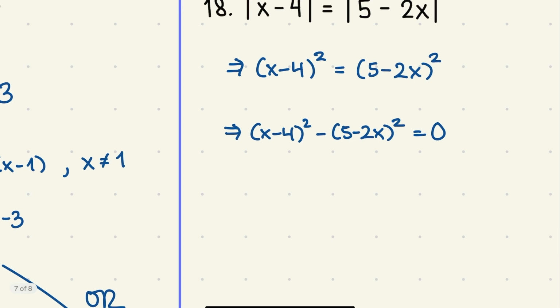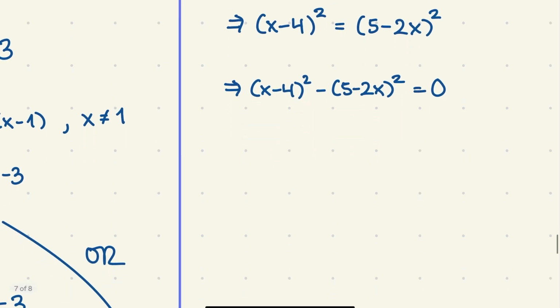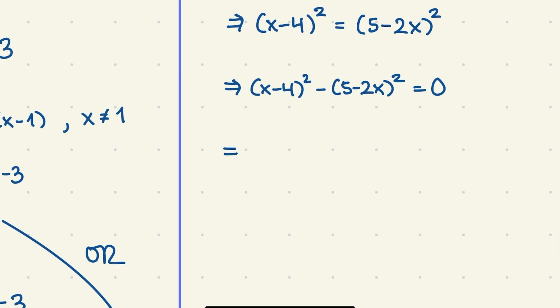And what do you notice here? Well, we have a difference of two squares. So we have this one as a squared, minus b squared. We know that that just factors into (x minus 4 minus (5 minus 2x)) times (x minus 4 plus (5 minus 2x)).